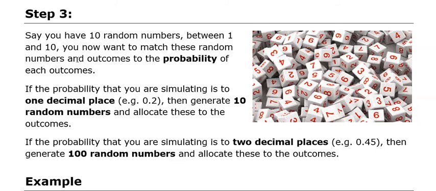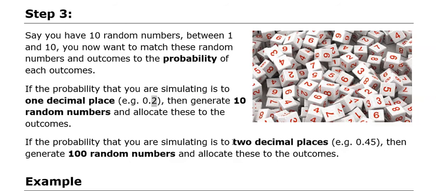I need to match these up now. If I am simulating a number that goes to 1 decimal place, for example 0.2, then I'm going to generate 10 random numbers, because that 0.2 is in my tenths column, and that's why I know I need to generate 10 random numbers to allocate.